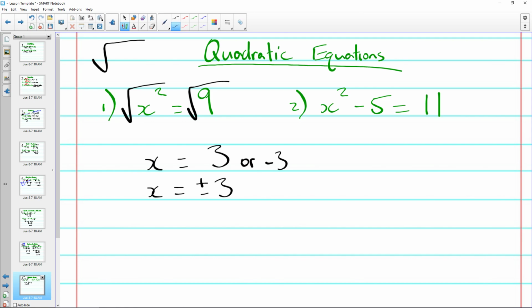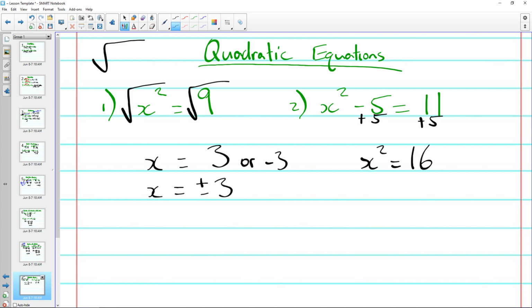So here, again, this is a two-step equation, the second question. We want to get rid of the squared, and we also want to get rid of the negative 5. Again, following our basic rule of get rid of the thing that's furthest away first. So the thing that's furthest away here is minus 5, so I'm going to plus 5, leaving me with x squared equals 16.